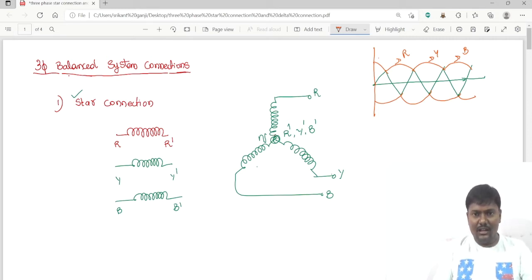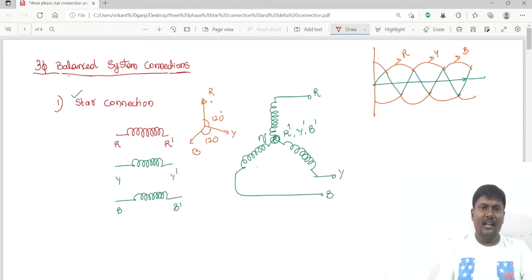The angle between the R phase and Y phase is 120 degrees. The angle between the Y phase and B phase is 120 degrees. The angle between the R and B is 240 degrees. The phase sequence is RYB. And if you are going for the anti-clockwise direction, that is plus 120 degrees leading.